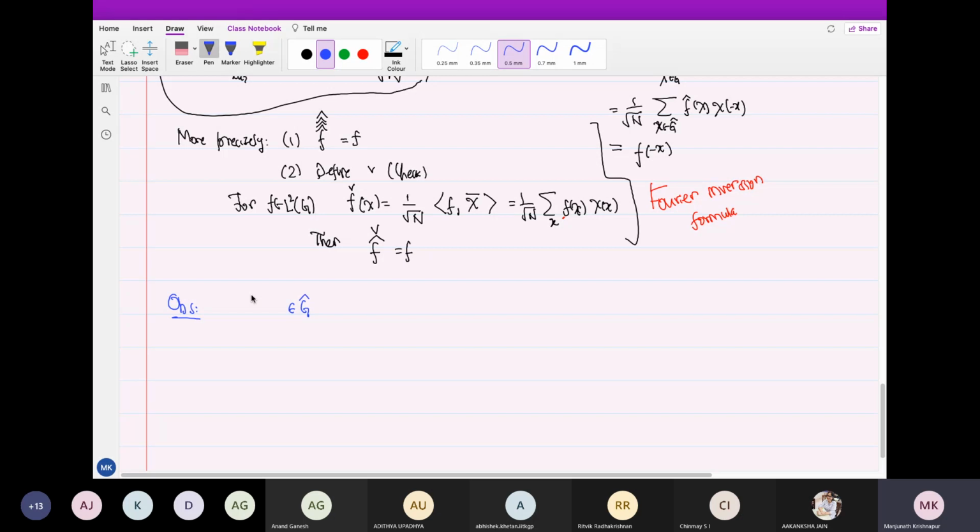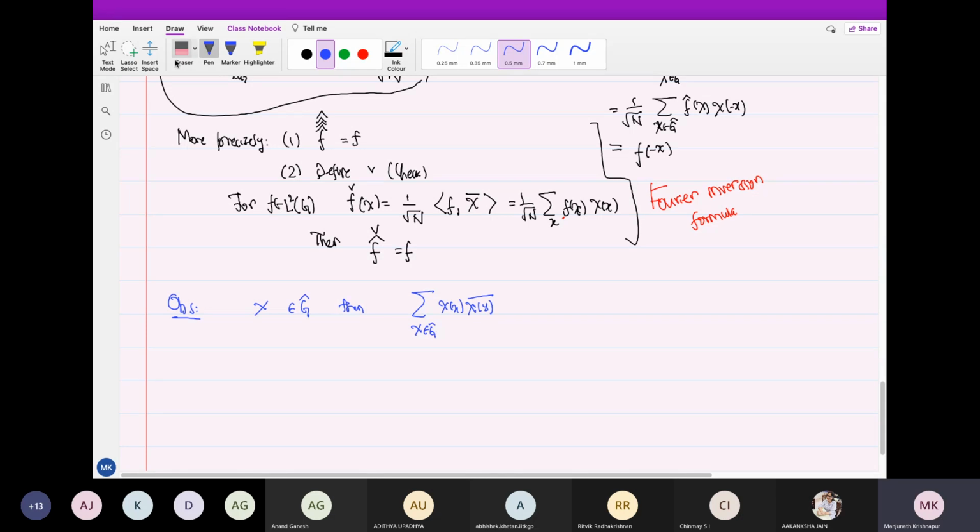We know that two characters are going to be orthogonal if they are distinct. But now, if I sum chi of x, chi of y bar, over all chi in G hat.